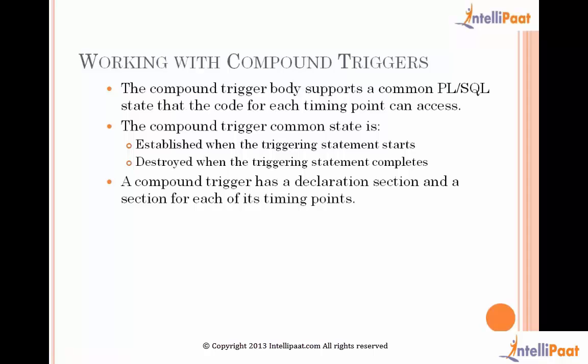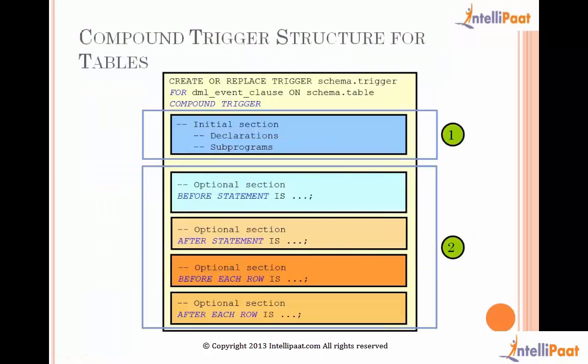In the same way, they have given timing sections for the compound trigger. Here it is. It is a simple thing. Create or replace trigger name for which DML on which table, and you need to write compound trigger. Fine. So this is the declarative section for the compound trigger.